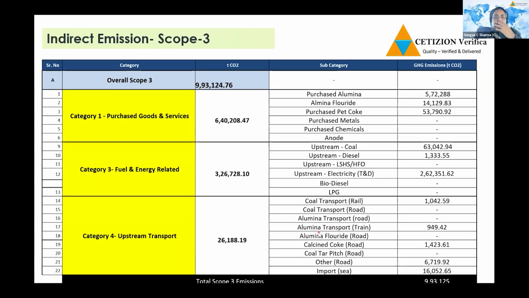This is a typical example of how purchased goods and services work, like we buy alumina, fluoride, and petcoke, and category 3 is fuel and energy related, which we call FERA, based on the factor. And then we have the upstream transport, which is quite significant if I'm buying alumina from a refinery in Australia or from Brazil, and in turn they buy the bauxite.